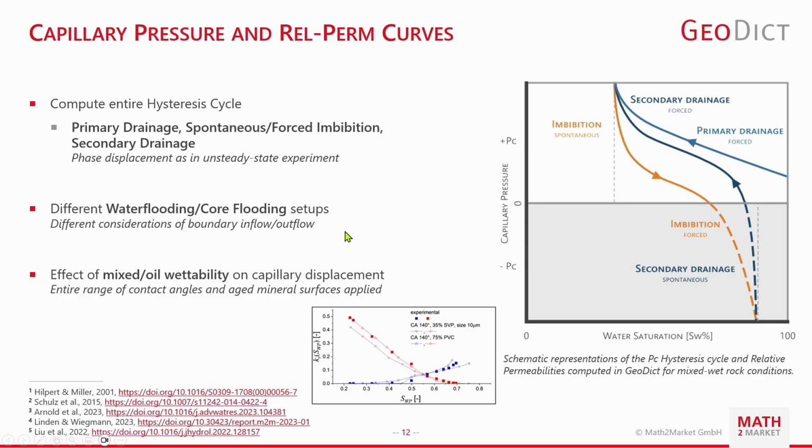Here it's very important to consider different boundary conditions, such as from which side the invading phase intrudes the domain, and by considering different boundaries, you can simulate different types of experiments or even reservoir conditions.